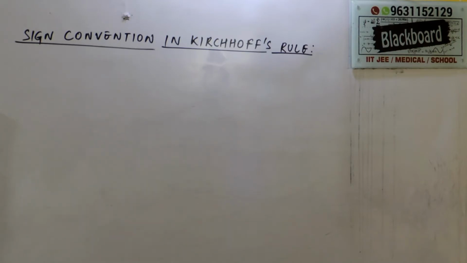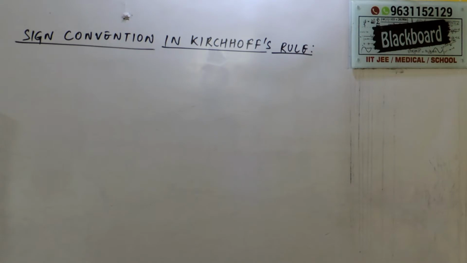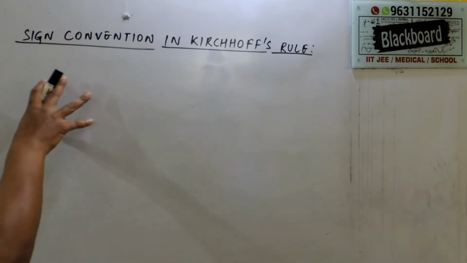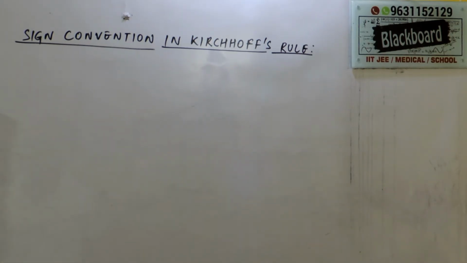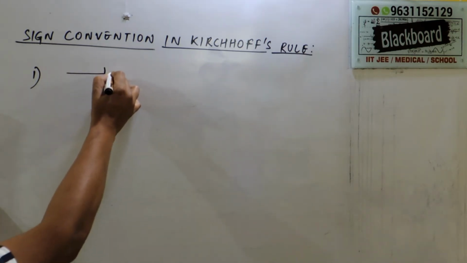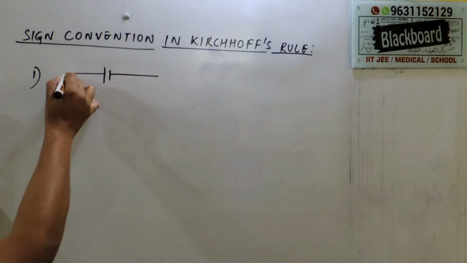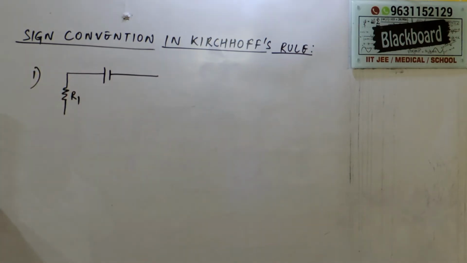Now, sign convention in Kirchhoff's rule. Kirchhoff's second law is based on energy conservation, because if the net electric potential in a closed path is not equal to 0, then in such a case charge will continuously gain energy by circulating around the loop itself. Your circuit is like this. This is your circuit, this is the battery, and this is the resistor. This resistance is R1.